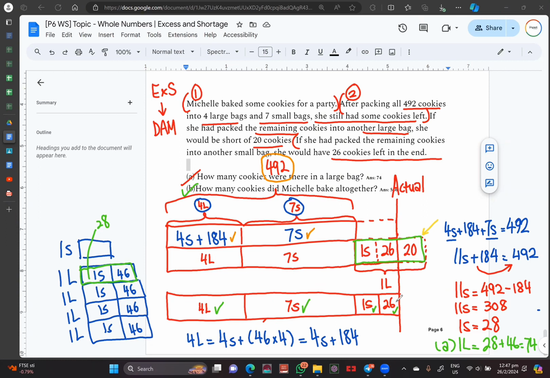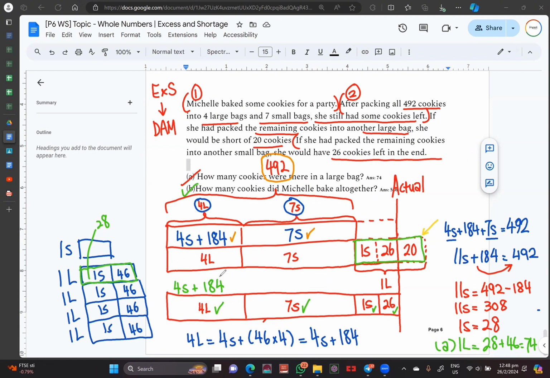All right, so for 4 large, we already know that it is basically 4 small plus 184. You want to convert everything into small, and not have large and small. It's going to be so confusing when you have 2 unknowns. 2 things to find is very confusing. I just want 1.